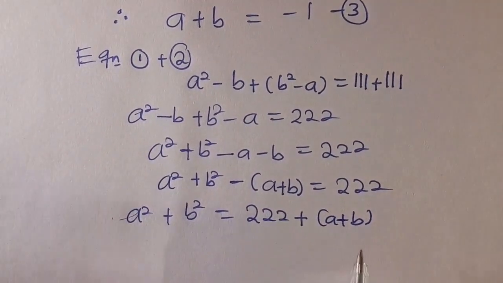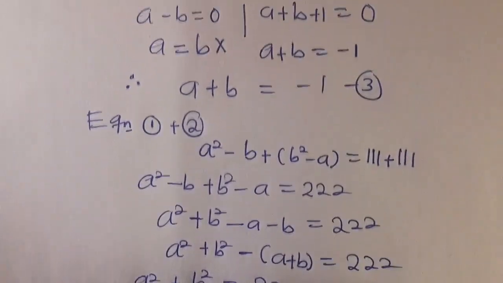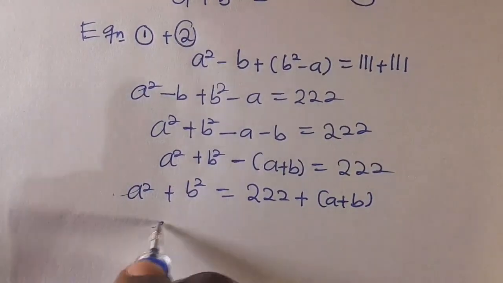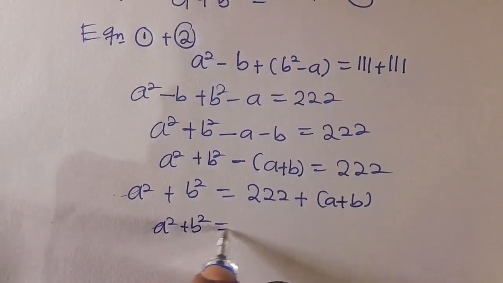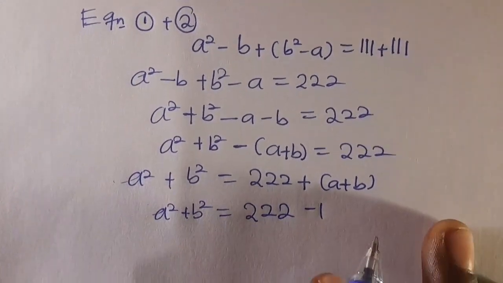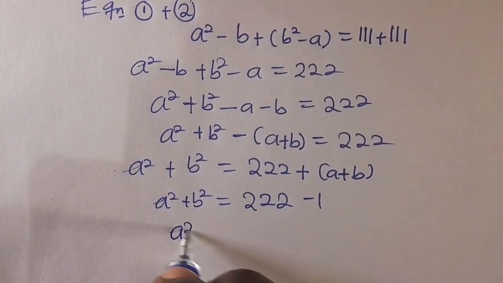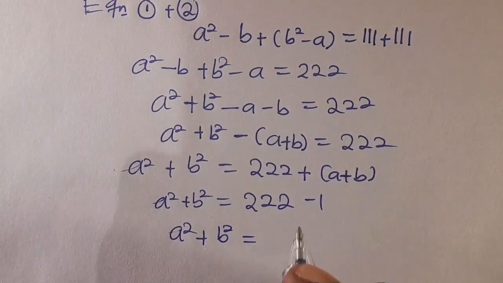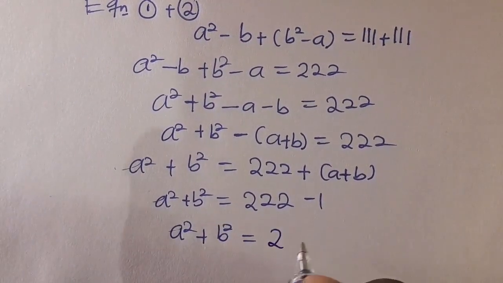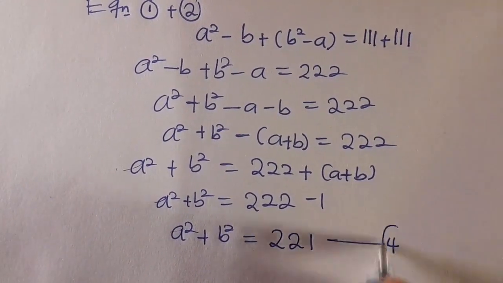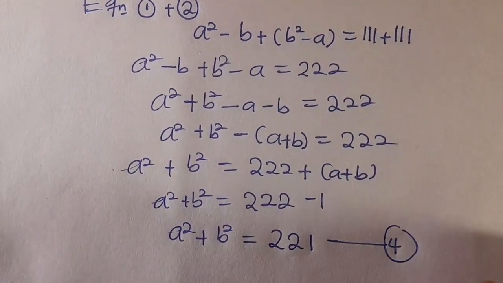We have the value of a plus b equals minus 1. So that means a squared plus b squared equals 222 minus 1, and simply a squared plus b squared equals 221. We can name this as equation 4.